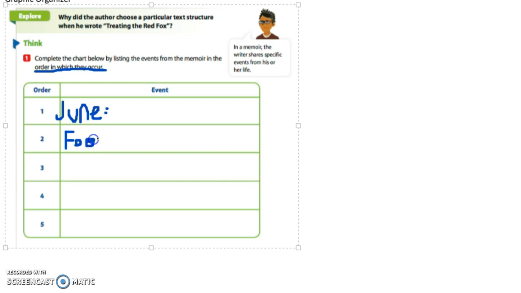I'm trying to write this on my keyboard, so it's not very easy. Food, water, shelter. Remember, you need to be going back in your story and adding full sentences and full details in this box. This is just to help you with your thinking.